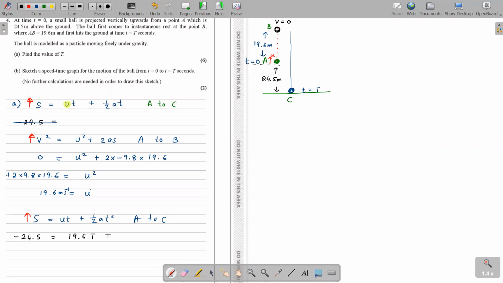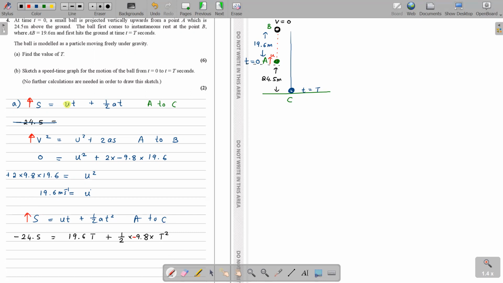The capital T plus half into the acceleration due to gravity is 9.8, and this time is it positive or negative 9.8? Based on the direction that I'm using my equation, we are using upwards. Gravitational deceleration is acting downwards, so this is against that. So this is negative 9.8 into capital T square.